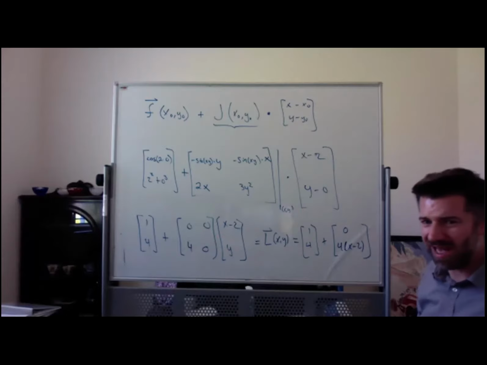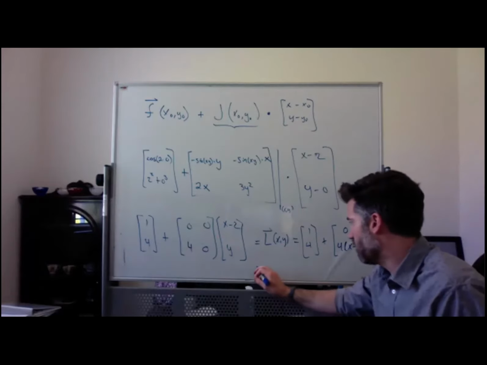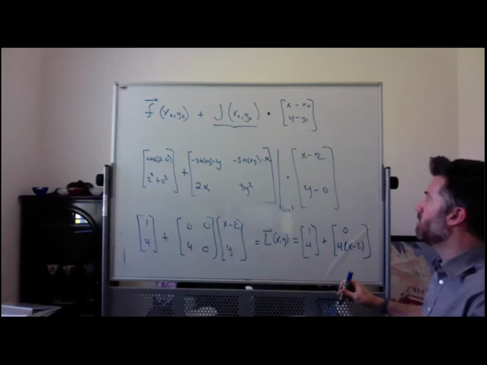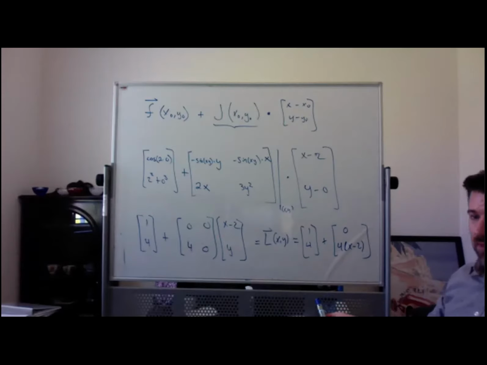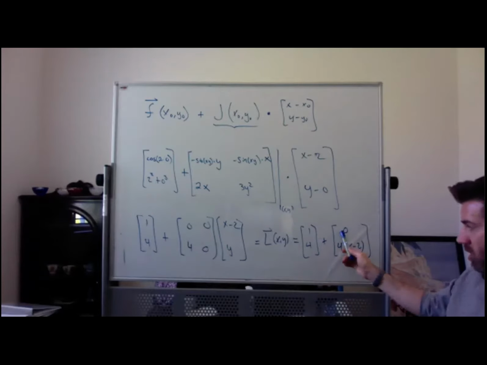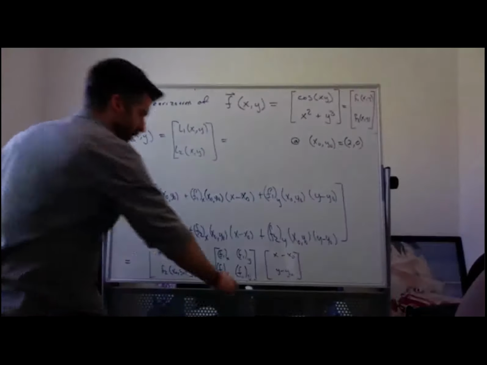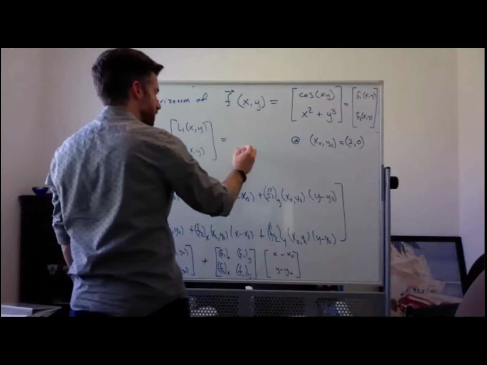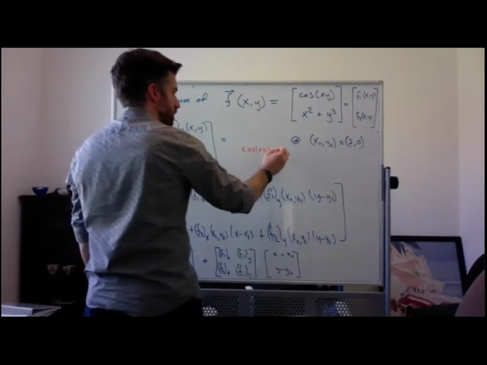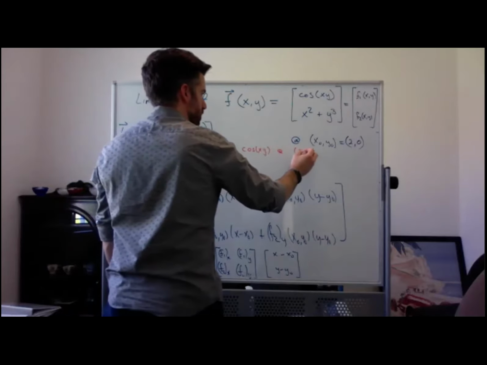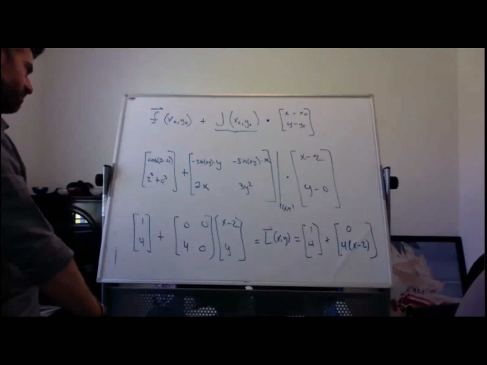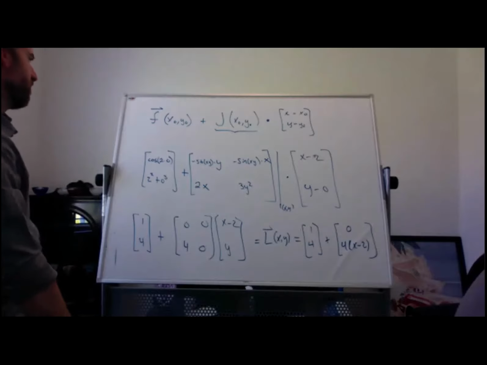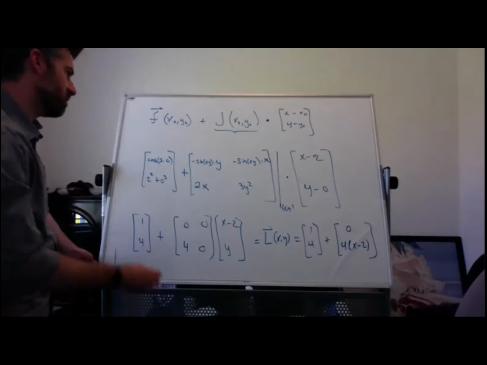All right, so here's what we've got. The linearization for f1 is 1 plus 0. So this is really not exciting, but I'm going to write in red over here. So for cosine of xy at the point 2, 0, I feel like I'm making a small mistake somewhere, but I'm not.